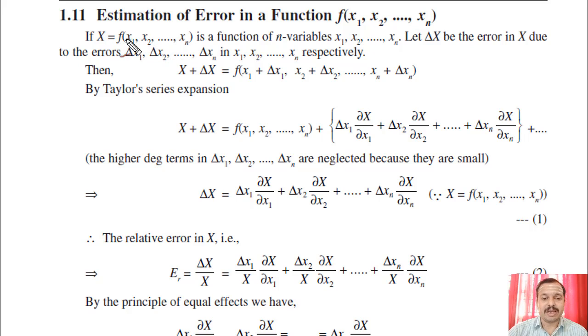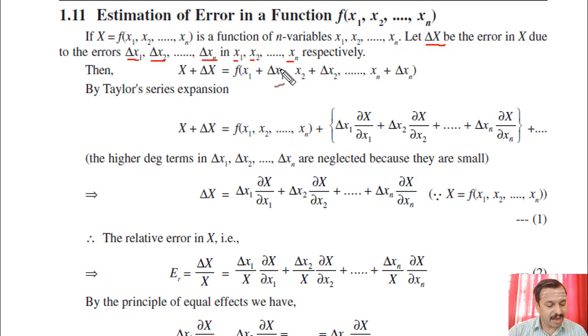When there is a change in the variables x1, x2, ..., xn, there will be a corresponding change in the function capital X. Likewise, if there are errors in these variables, there will be an error in the function capital X. So capital X has an error delta x because of the errors delta x1, delta x2, ..., delta xn present in the variables x1, x2 and xn respectively.